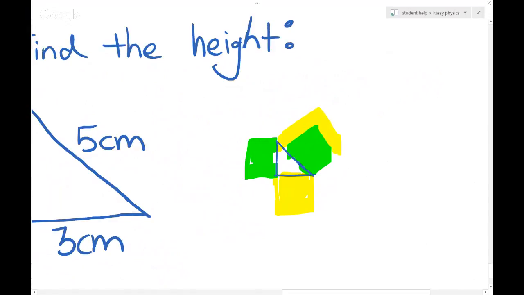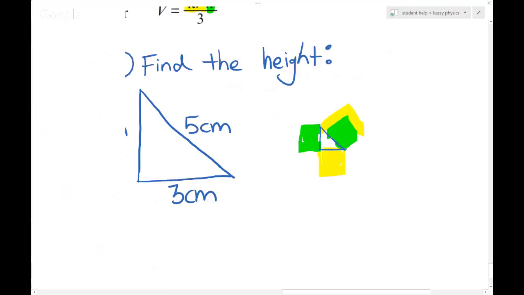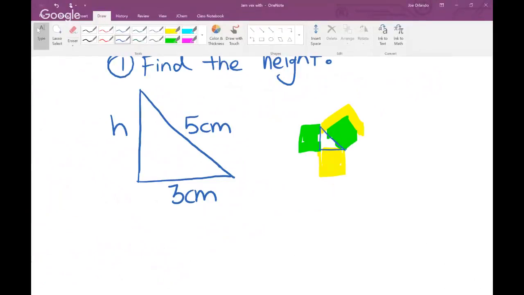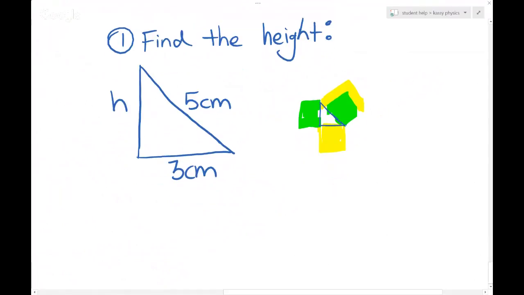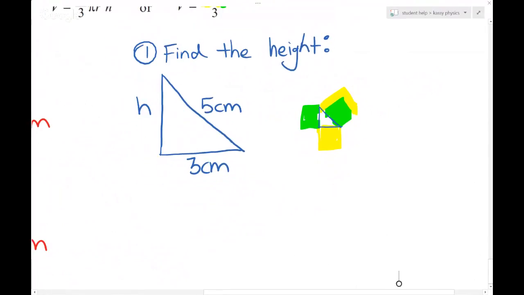So the biggest side is made up of the two small sides if we build squares off them. We sometimes write that with the equation a squared plus b squared equals c squared. If we square the two small sides, we get the big side.